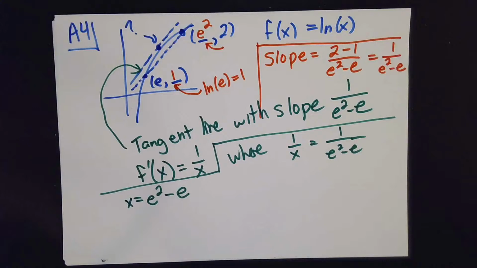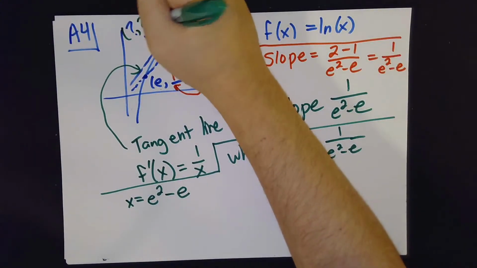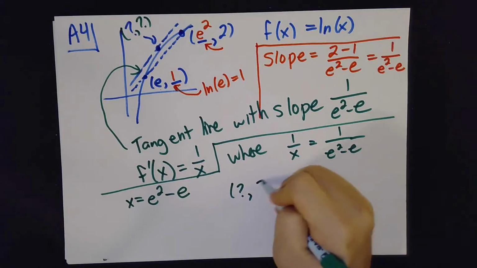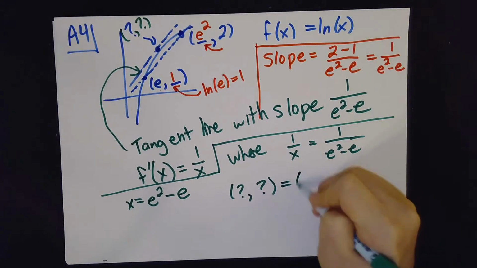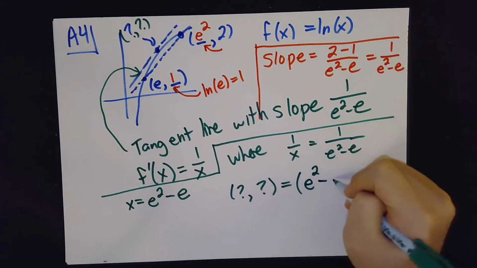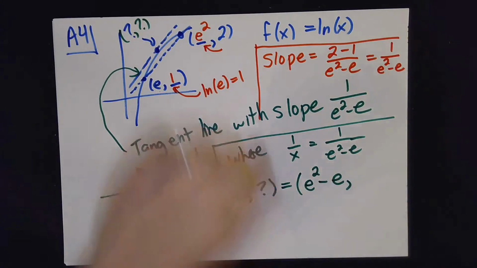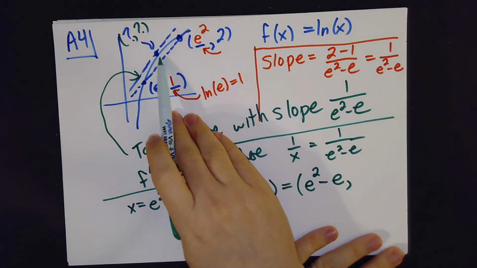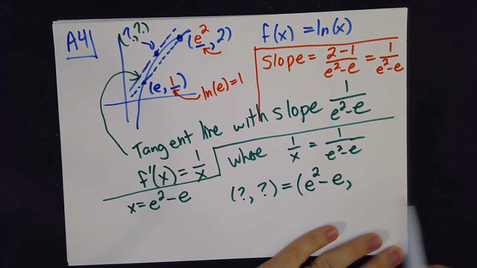Okay. So this third point up here that I guess in the picture is labeled question mark, the x coordinate of that point is e squared minus e. And so, since this is a point on the graph of natural log of x, it's an input-output pair.